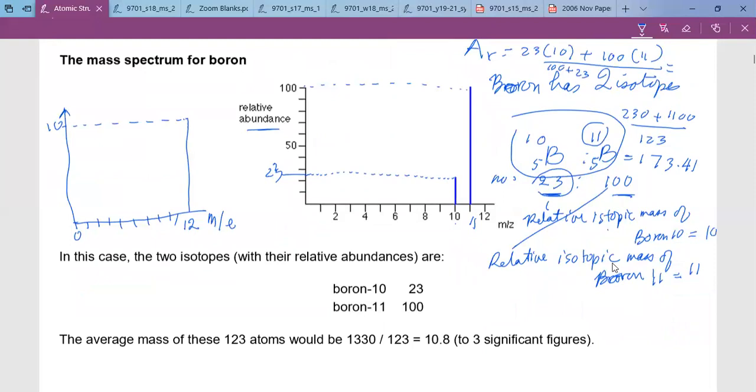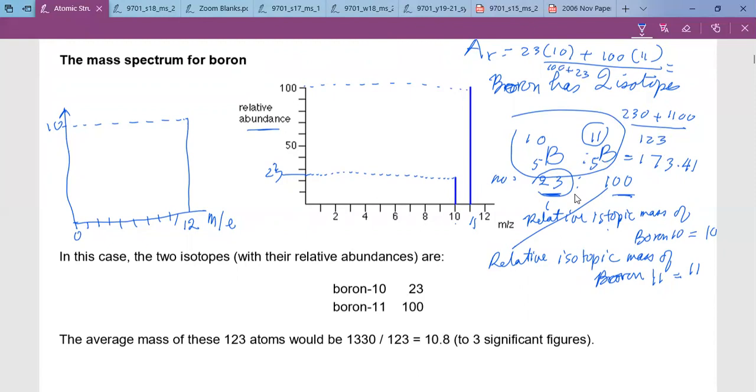Something is wrong with this, right? Or something on my calculator. It should be about 10 point something.